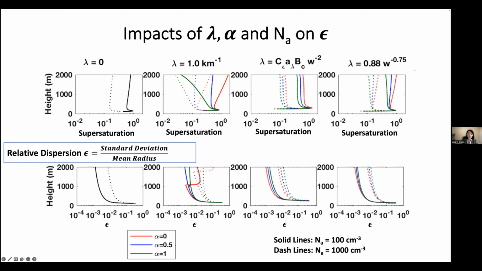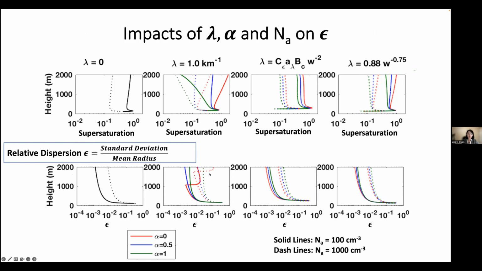The most striking feature is the increase of this relative dispersion here. That is because when we have the larger supersaturation, the smaller aerosols are activated. This is a kind of secondary activation, so we have this jump of the relative dispersion to larger values.